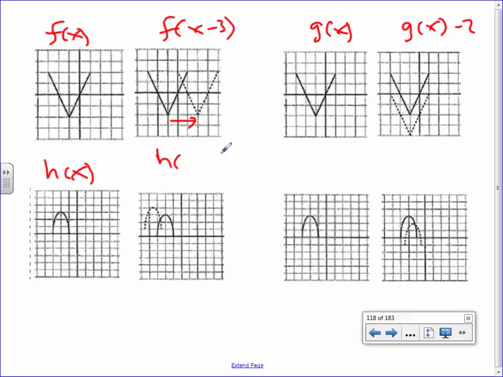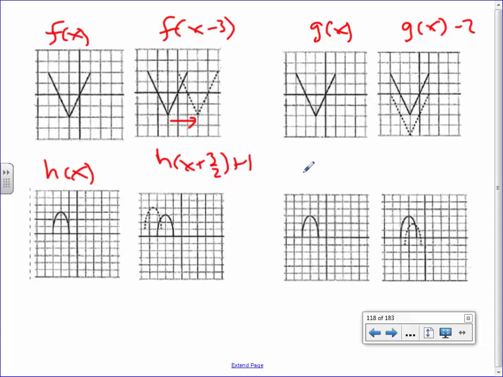Okay, add 1 after the brackets. Now I need to get it to go to my left by, I think, 3 over 2, 1.5. So how do I do that? Yeah, add, because add actually makes things go that way. And once you wrap your head around it, as soon as you memorize these rules, you don't have to think as much about it.